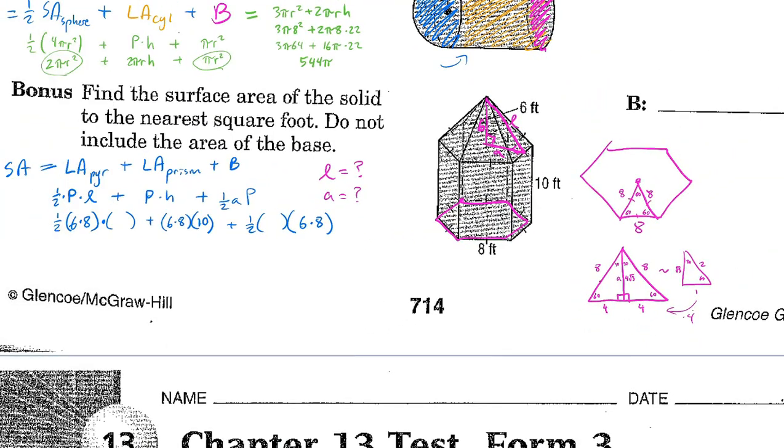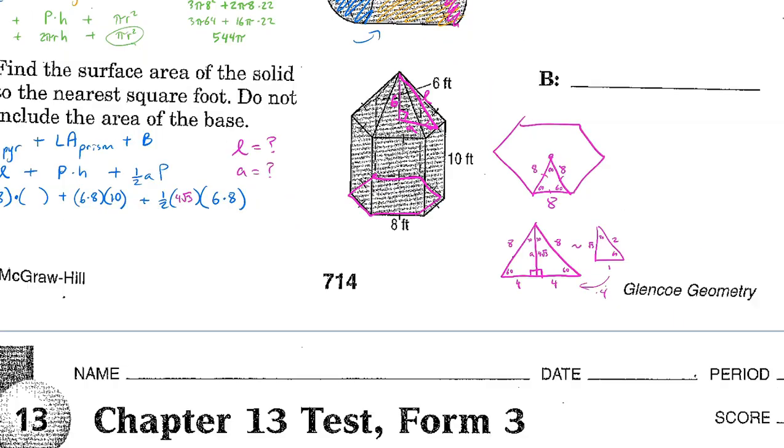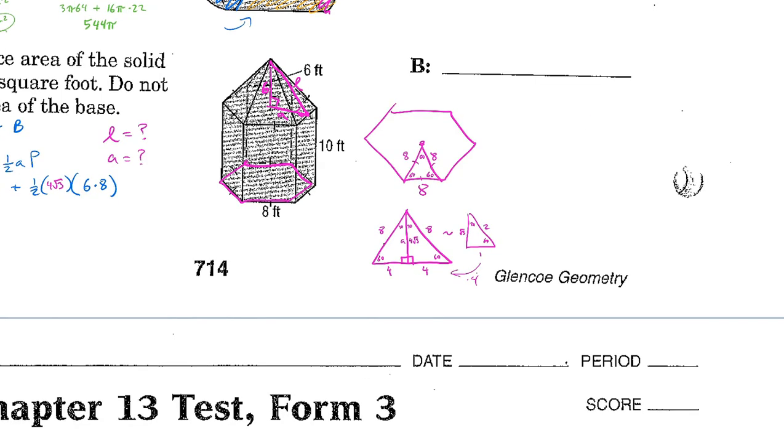Going back over here, that was our apothem, and now we're looking for the slant height. We know that 6 squared plus the apothem squared equals the slant height squared. So 6 squared plus 4√3 squared is L squared.